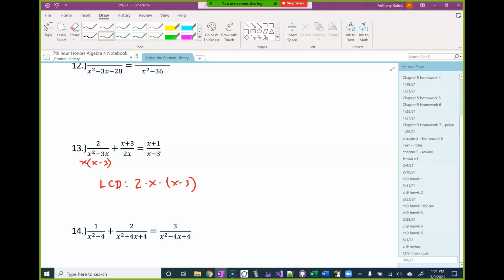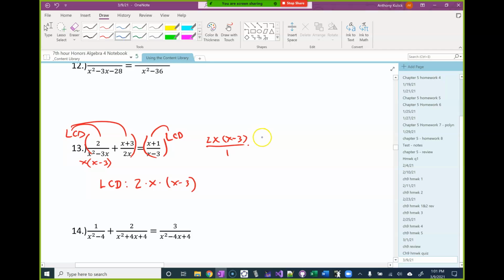So I'll multiply each side by the least common denominator. So I have 2x times x minus 3 over 1 times the first fraction. And then the least common denominator times the second fraction.